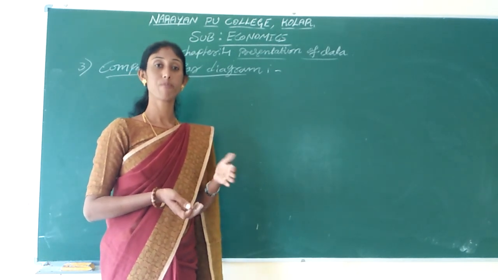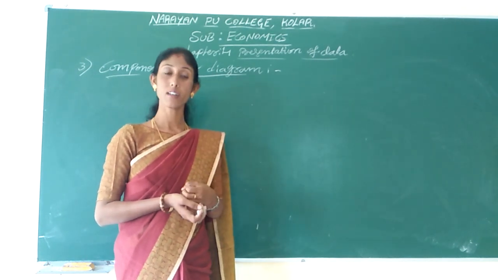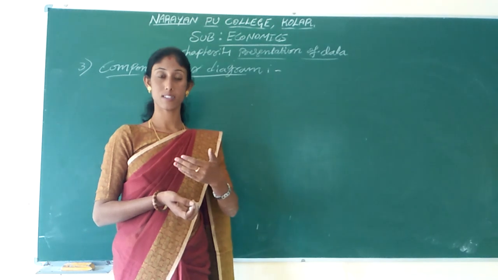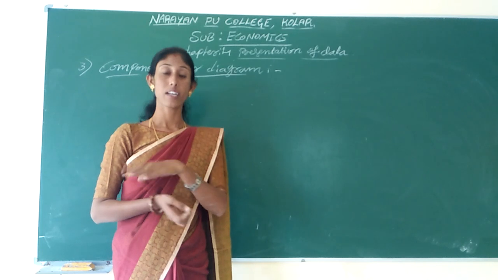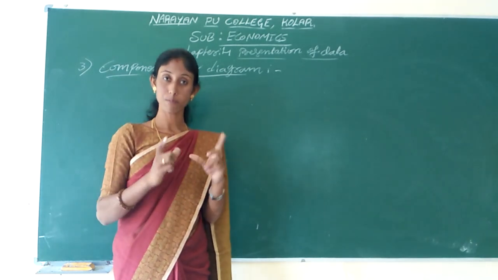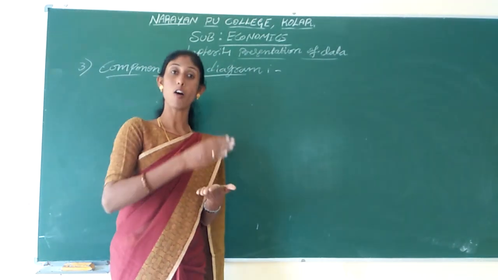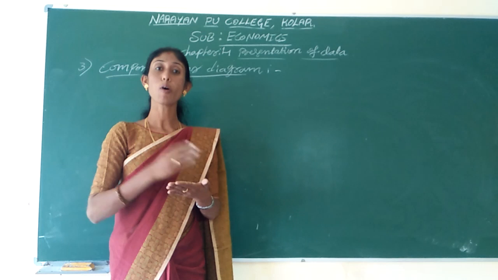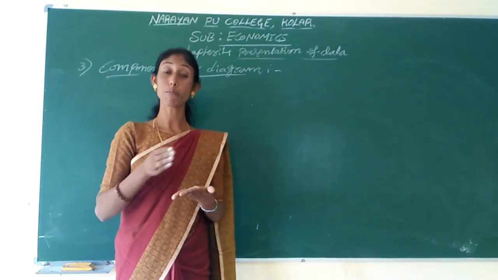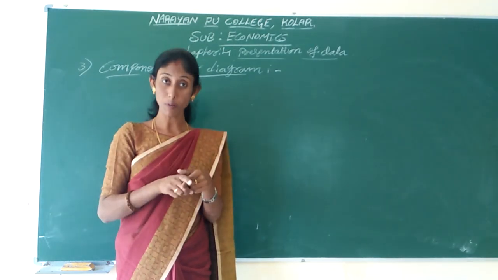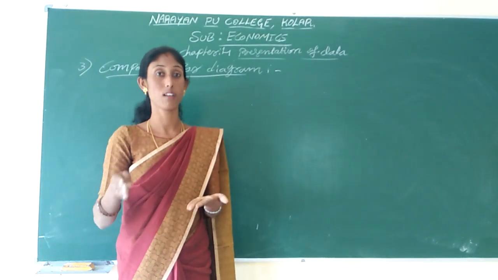For example, take school enrollment. In the boys, what is the school enrollment and how many are out of school? In the total population of children, the boys, how many are going to school and how many are out of school? We make different divisions, subdividing the boys population into going to school and out of school.